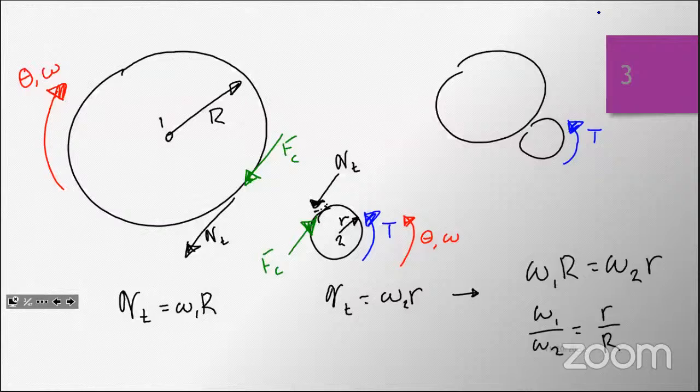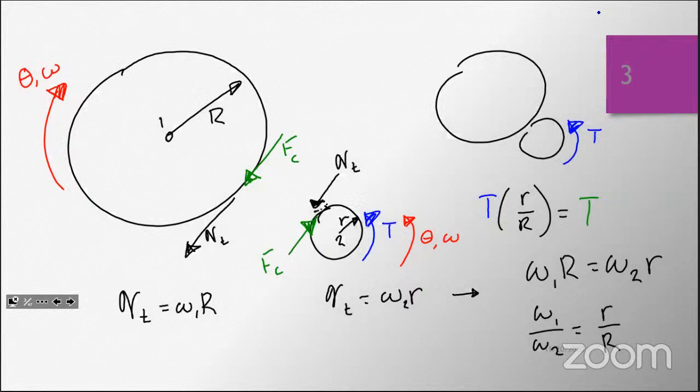So what is this idea of the gear ratio? Well, the gear ratio allows us to know how much our torque changes, because my input torque, T, multiplied by the gear ratio gives me the output torque from my other gear. So what does this tell us?